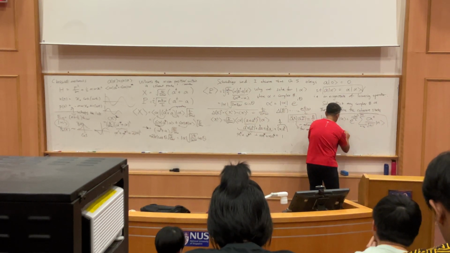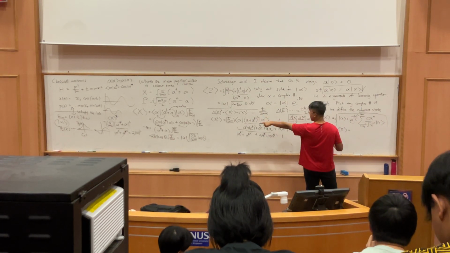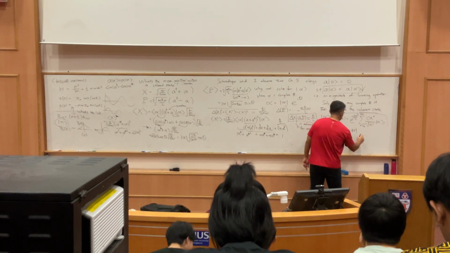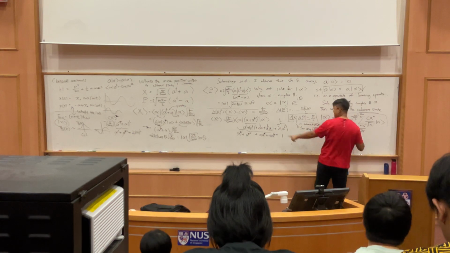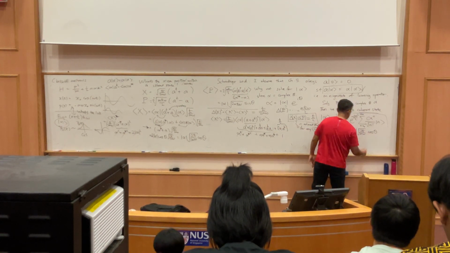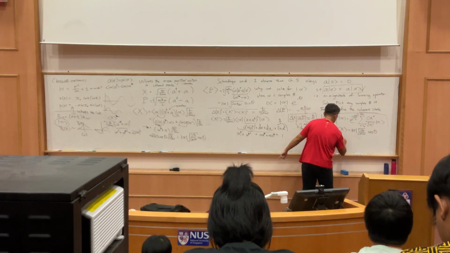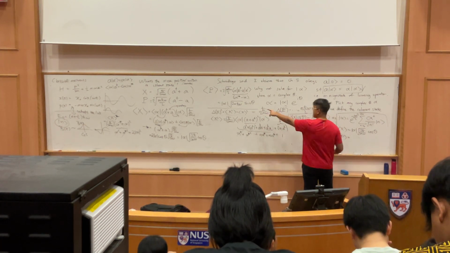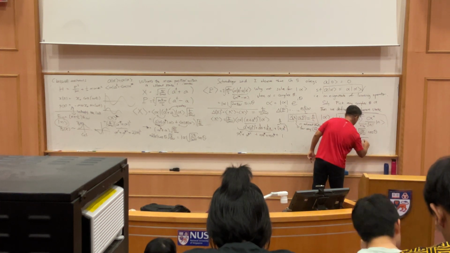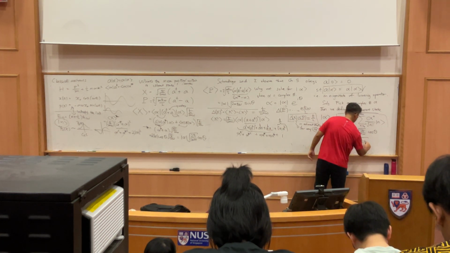So x within the state alpha is mod alpha times square root of 2 h bar over m omega, cosine theta. And then p is mod alpha times square root of 2 m h bar omega, sine theta.